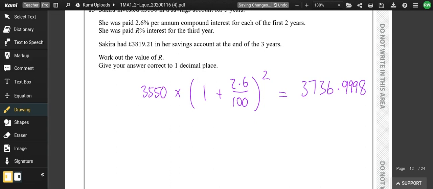So when we multiply that value, let's just call that x for now. X, we times it by a percentage for the 3rd year. So our percentage equals 3819.21.